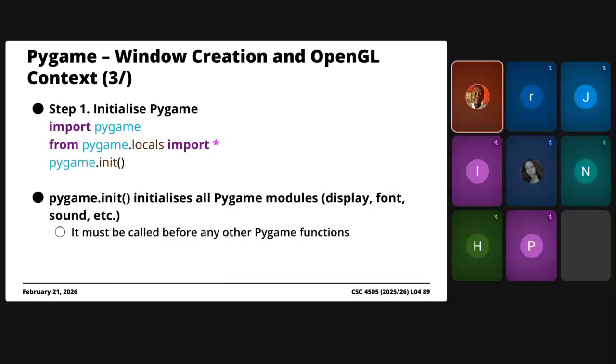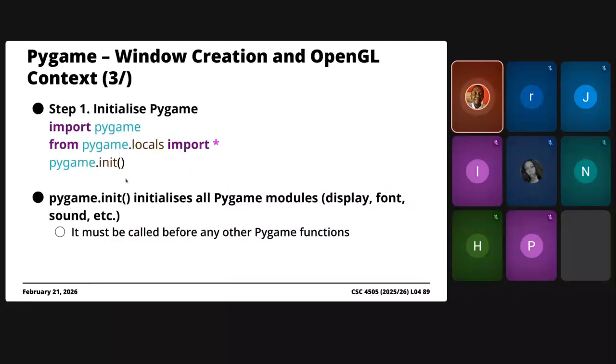Obviously, it's the very first thing we do, and this is by convention. And then for us to initialize, we invoke the init method. So initialization is simple, really. All you're doing is initializing all Pygame modules, the display, the font, the sound, and everything else.